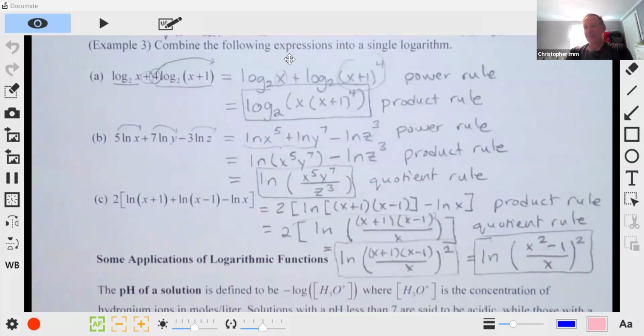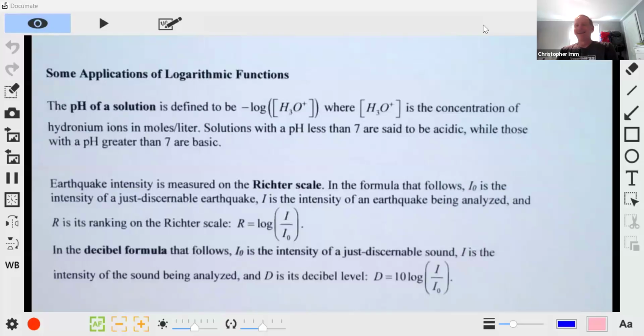All right, we're going to wrap this up by looking at some applications. There are a lot of applications of logarithmic functions. Remember that these are the inverses of exponentials. So when anything sort of grows or decays quickly, when we're trying to solve that or relate two things together, we can use logarithms.